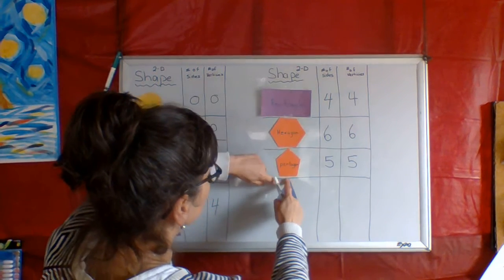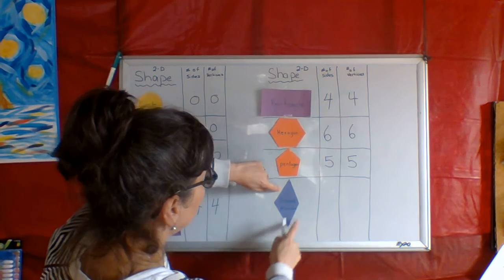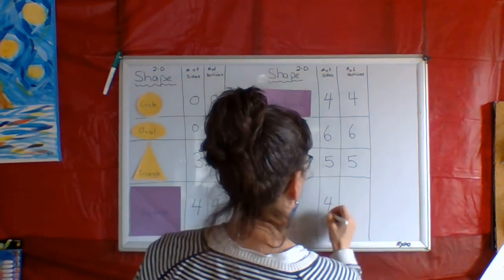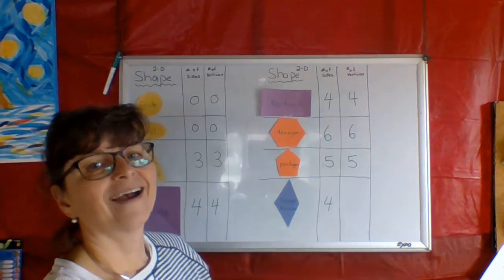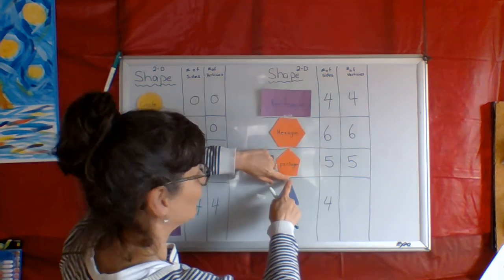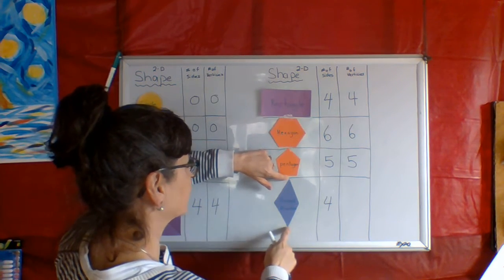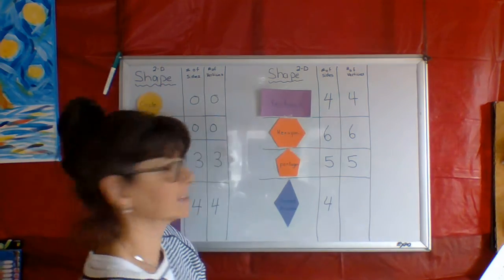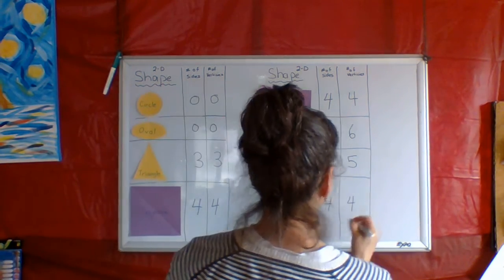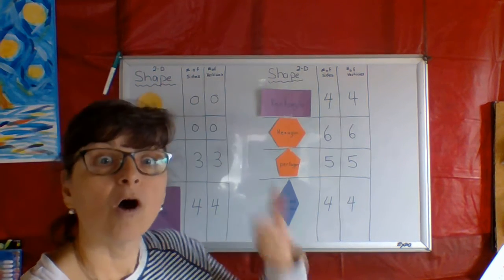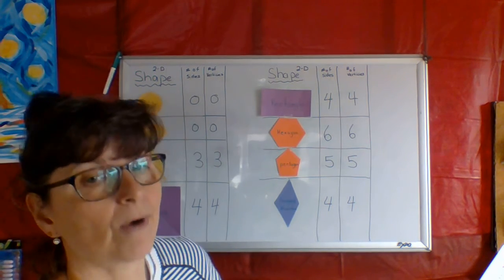Let's start with the sides. 1 side, 2 side, 3 side, 4 sides. And let's go vertices. You knew it was coming next. 1 vertice, 2 vertices, 3 vertices, 4 vertices. So we have 4 vertices, 4 sides on the diamond. Or let's call it a rhombus.